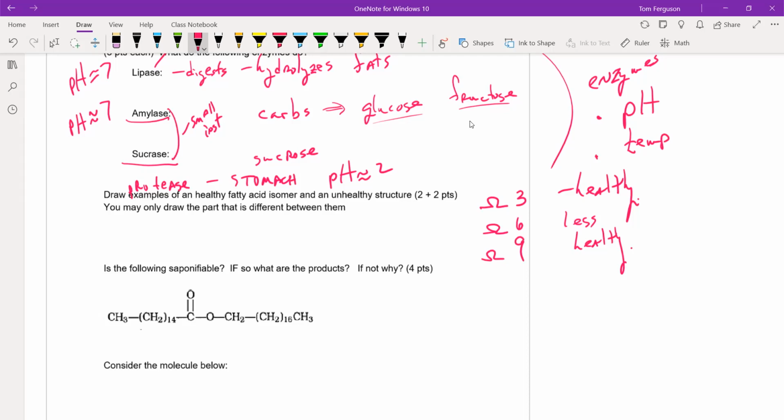So a less healthy one would be like stearic acid, which is a C18 saturated fatty acid. A healthy one would be like linoleic, alpha-linoleic acid.